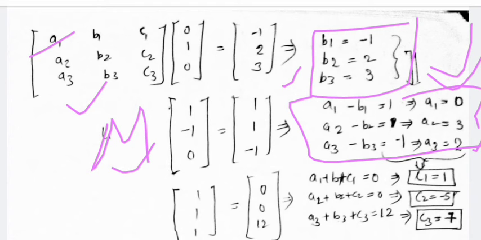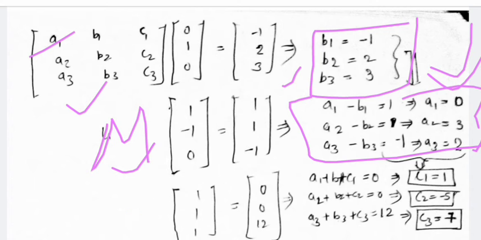Now on the basis of these values, we again put the value of M and found the equations and got the values of C1, C2 and C3. So here the value of C1 is 1, C2 is -5 and C3 is 7. Now we found the values of A1, A2, A3, B1, B2, B3 and C1, C2 and C3.